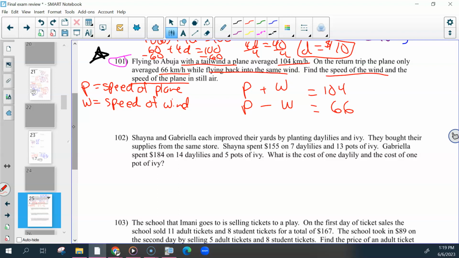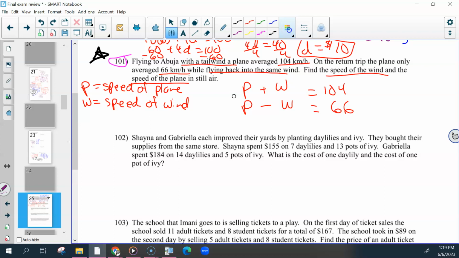This would work with any type. So which way do we want to solve this? Graphing, substitution, elimination. Which is quickest? Elimination. So if we wanted to eliminate these, either the P or the W does not matter.